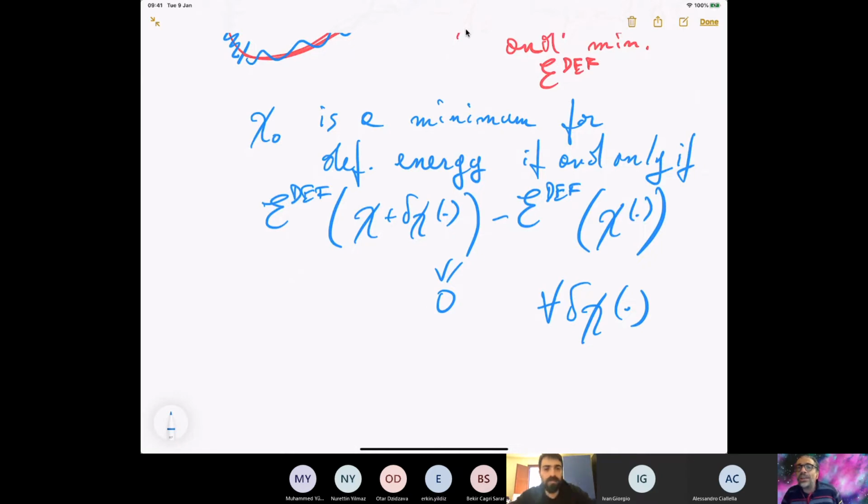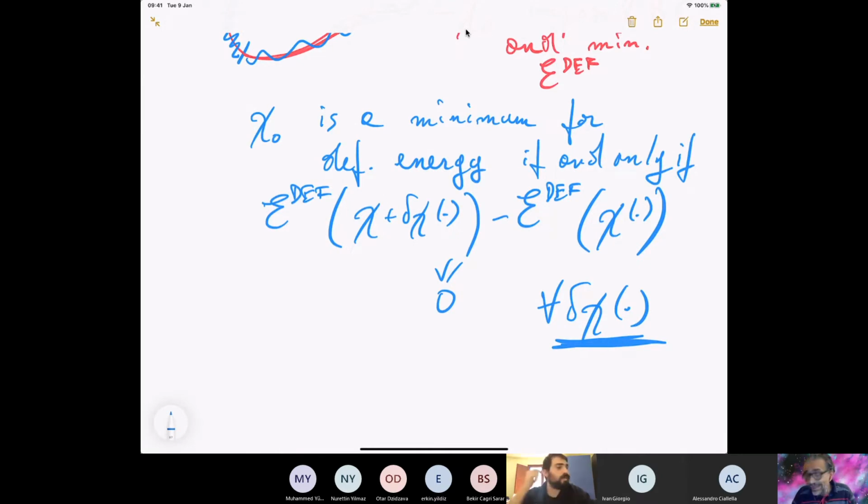Now I ask you a rhetorical question. Are you surprised that we need to talk about virtual displacement? If I want to test the minimality of a function, I need to consider the candidate minimum, and then I need to change it a little bit with a small added displacement.